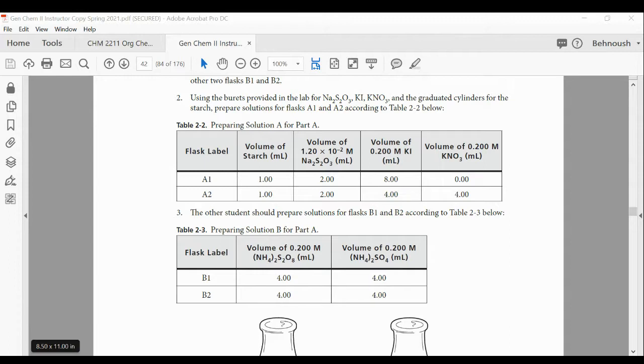How many milliliters of KI, potassium iodide, are you using? That would be on table 2-2. You are using 8 milliliters. So 8 milliliters, that is the V1 for iodide. I'm looking for M1 for iodide. What is the M1 for iodide?